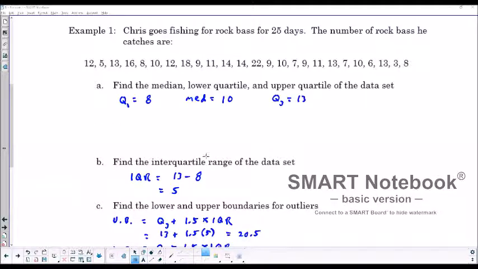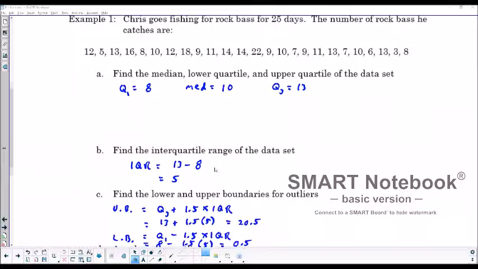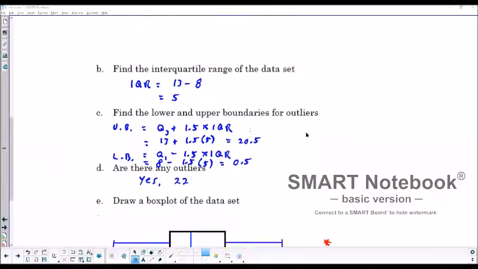Okay, so as you would have seen, whether you do it by hand or do it with the calculator online, you'll end up getting the lower quartile being 8, the median is 10, and the upper quartile is 13. Interquartile range, of course, 13 minus 8 gives us 5. And then when we calculate the upper boundary, we see the upper boundary is 20.5.